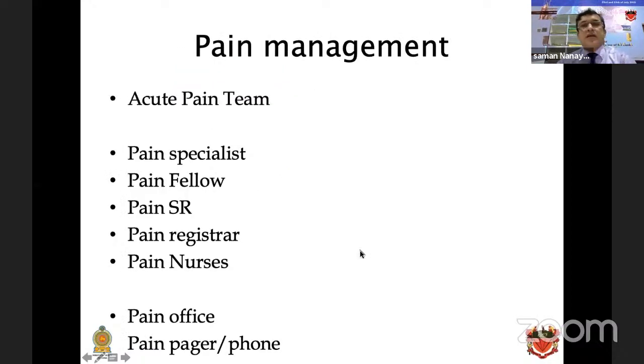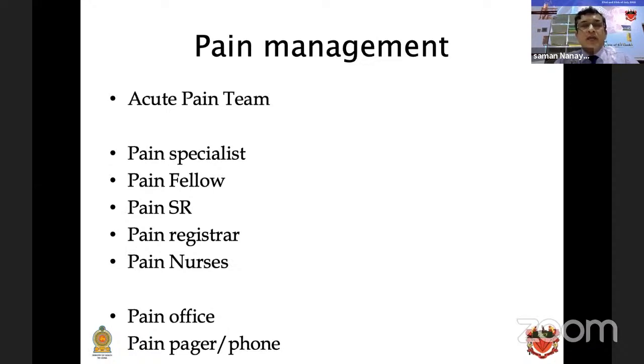Right, so most of the large teaching hospitals in this country now have pain teams. A pain team would consist of a pain specialist, senior registrars, MOs, and pain nurses, and there'll be a contact number for that office. It's very important that you develop a relationship with the pain team in the hospital where you are working.